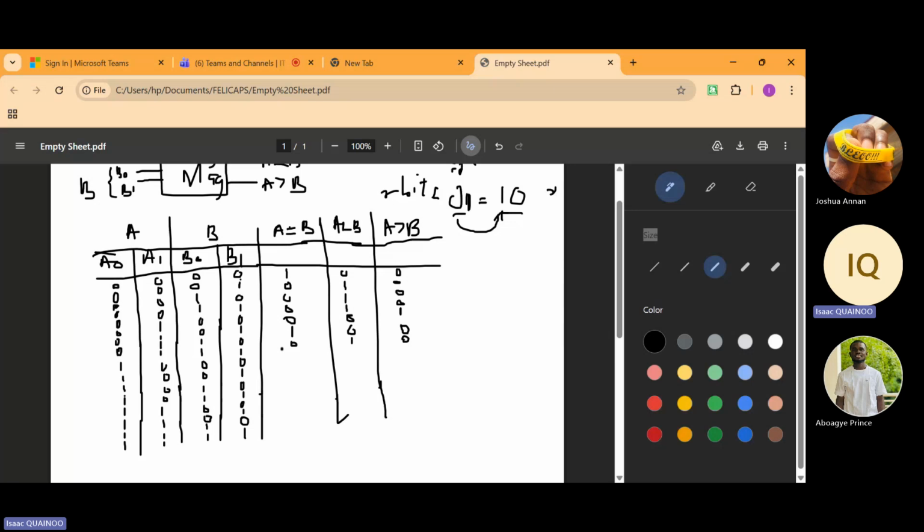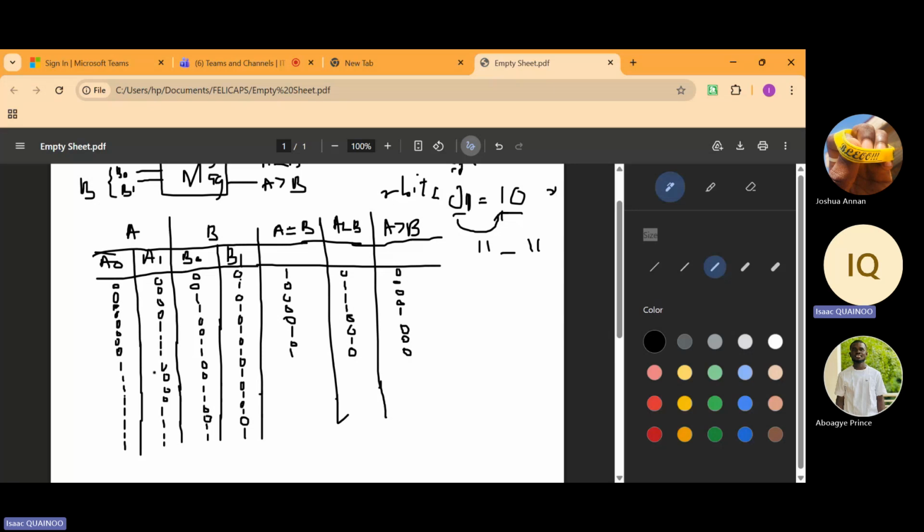Is it equal, greater, or lesser than? So we have 1, 1, and then 1, 1. So do we put less than, greater than, or equal to? Equal to, because 1, 1 is equal to 1, 1. So we put an equal to here.